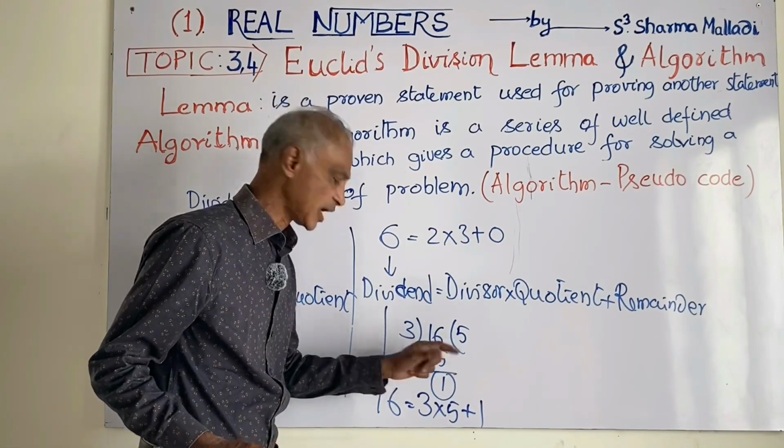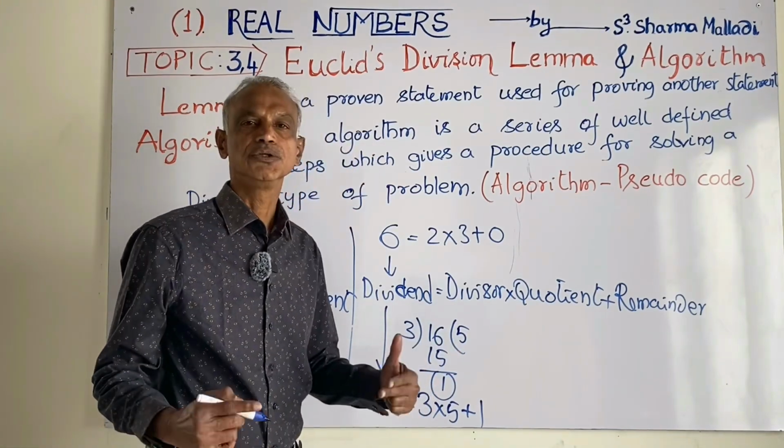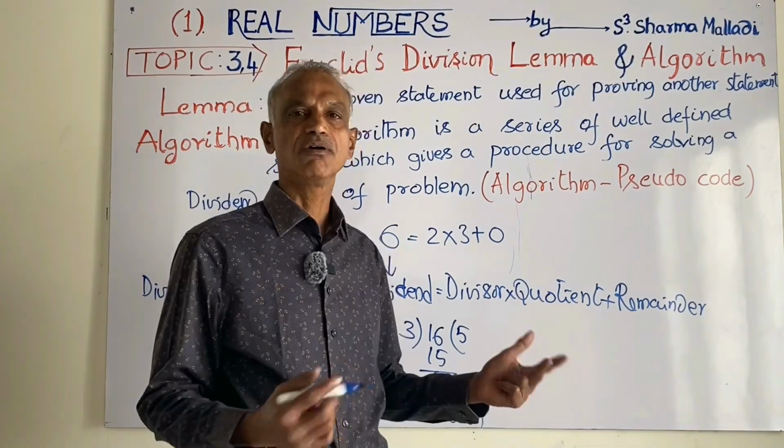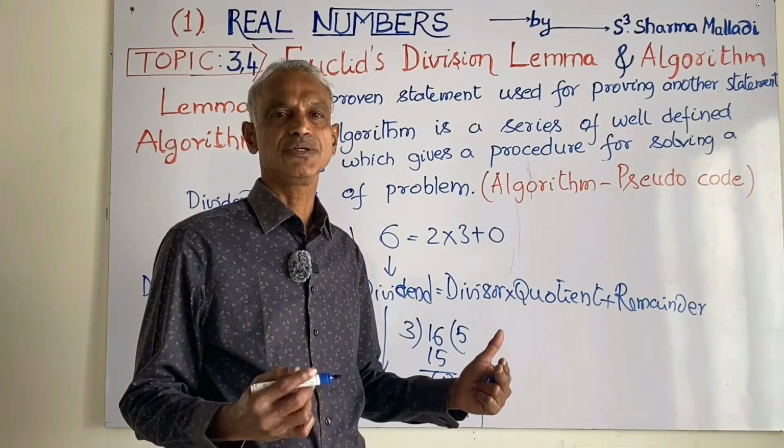This quotient and this remainder are unique. Unique means different, like in the world every person is unique.